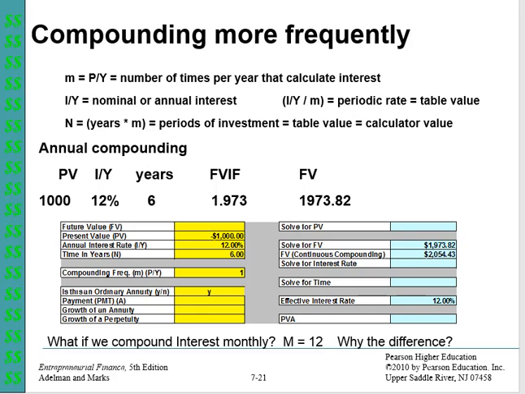Again, I suggest you do this and change the 12 to a 1 in your spreadsheet to see, number one, what does the value go to? And number two, what then is the effective interest rate? It's an interesting thought. The difference is between what's referred to as the stated rate or the annual rate and what we refer to as the effective rate.